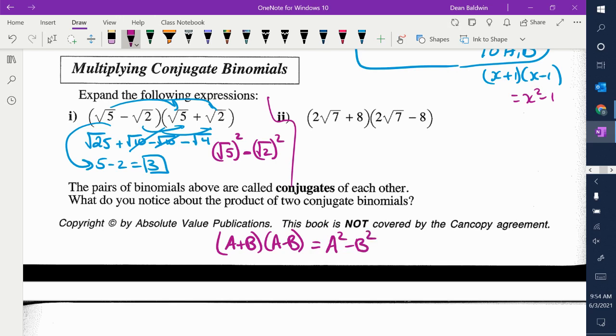That's what a conjugate is. So for this, if this was A and this is B, using this formula, it's 2 root 7 all squared minus 8 all squared.